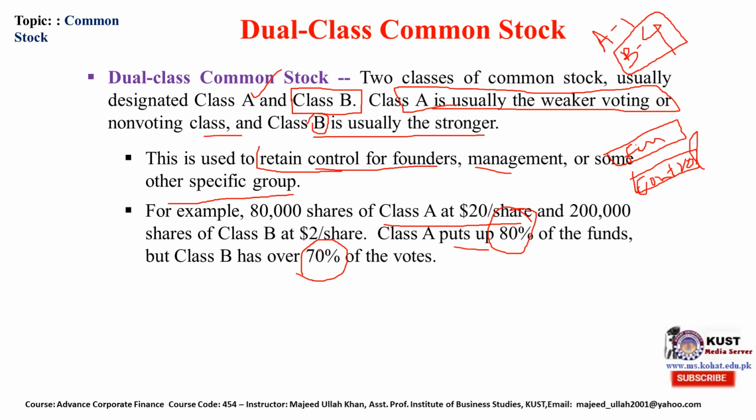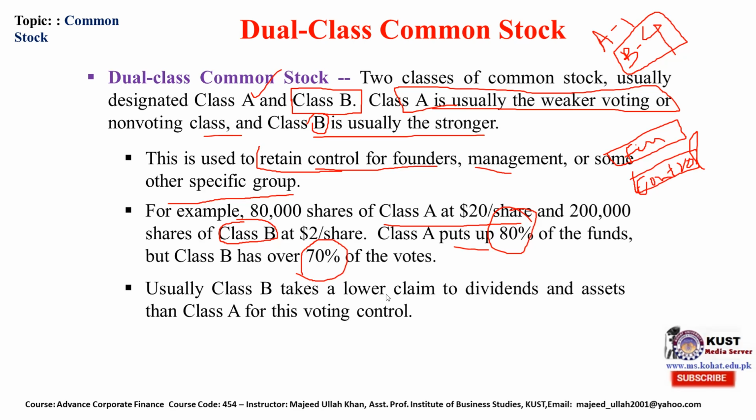In this way, the B class retains its control over the business, and mostly decisions are made by Class B shareholders.